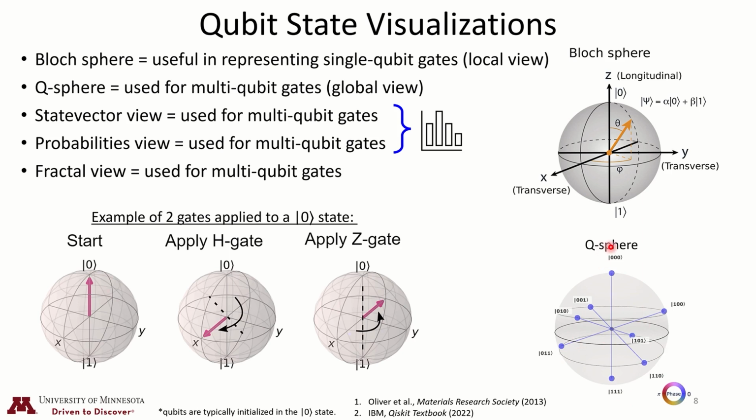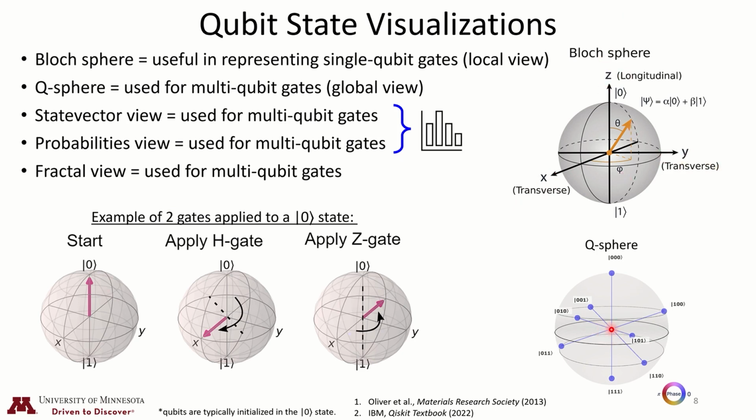This Q-sphere representation uses a color chart, a color label, to represent the phase information. So here you can see in this direction there's an x, in this direction there's a y, and then there's a z component.